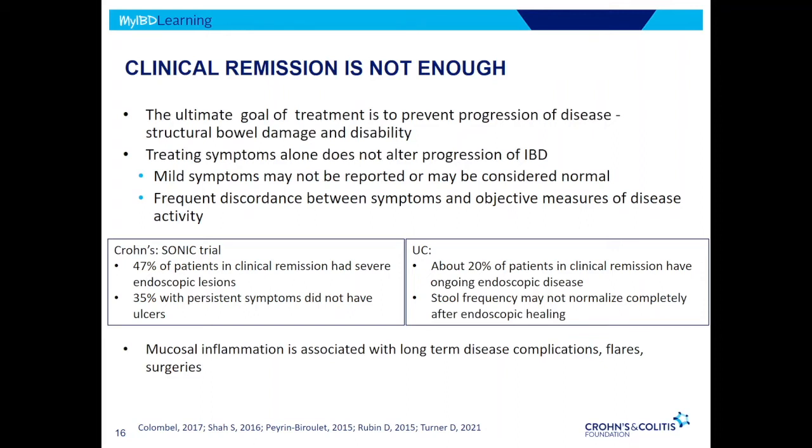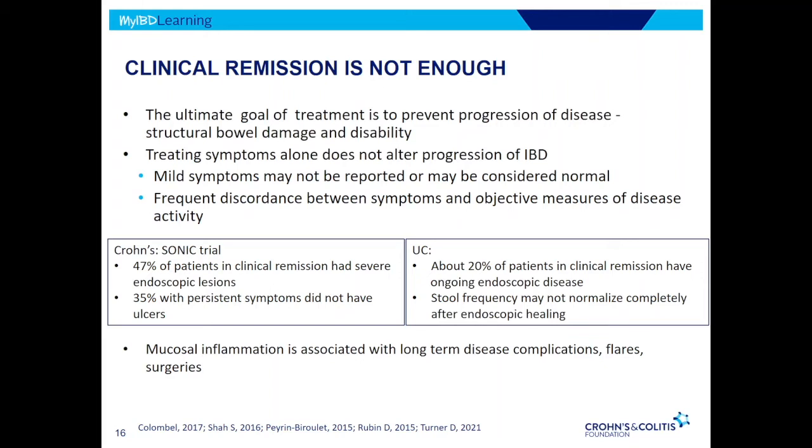The reason is that often when somebody has had symptoms for a long time, they are either not recognized as symptoms, or they don't report them as symptoms because they've gotten used to having these kinds of symptoms for a long time. And there's also frequent discordance between symptoms and objective assessments of inflammation.